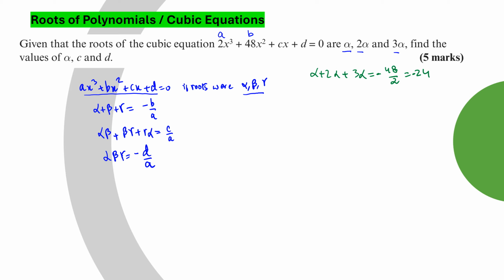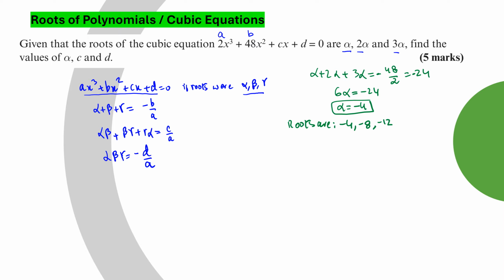So that means 6 alpha equals minus 24, hence alpha is minus 4. So the roots are alpha, 2 alpha, and 3 alpha, so it would be minus 4, minus 8, and minus 12.